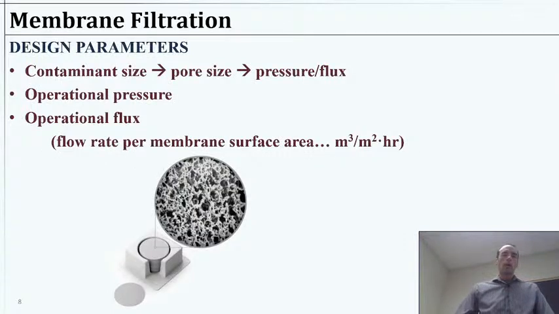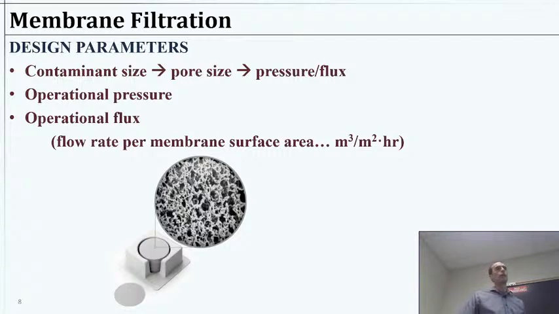Okay, so a few things to consider about designing membranes. One of the first things is going to be the contaminant size. Okay, what contaminant are we looking at? How big is it? That's going to inform what kind of pore size we need for the membrane, pretty obvious. But then that gets to, well, what kind of pressure and flux do we need?